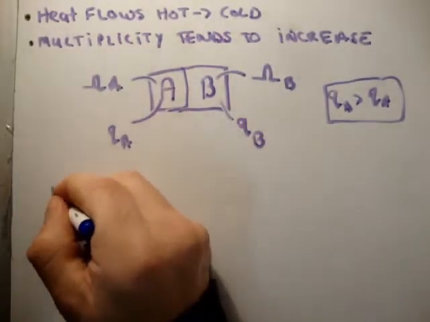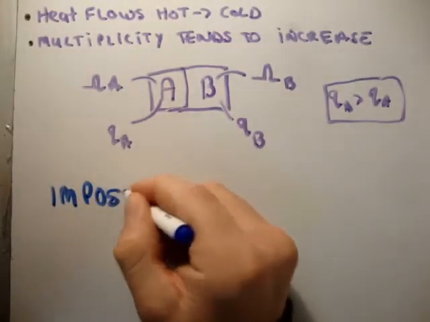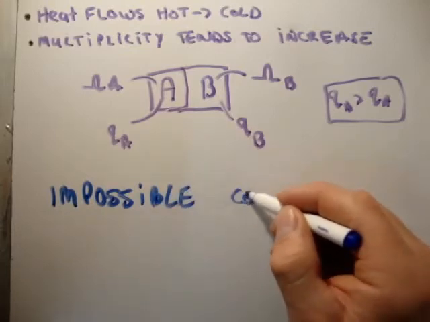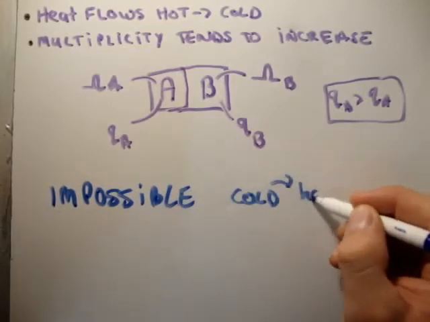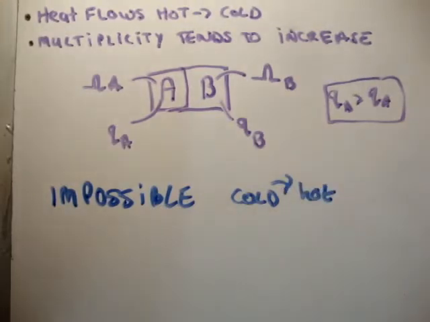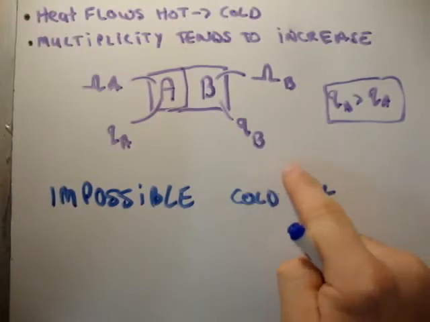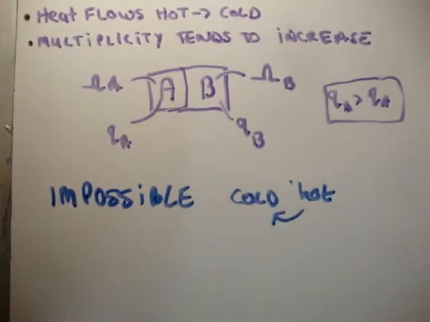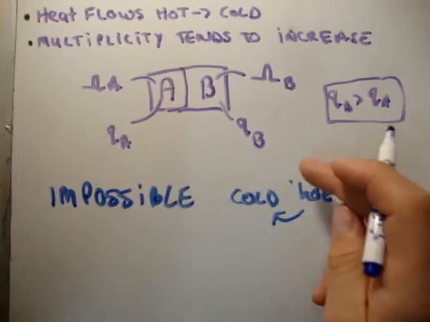So is it impossible for heat to go from cold to hot? I don't know that I can really answer that question, but I will say that the probability of heat going from cold to hot is virtually zero. But heat flowing from hot to cold is virtually the maximum. The probability is virtually 1.